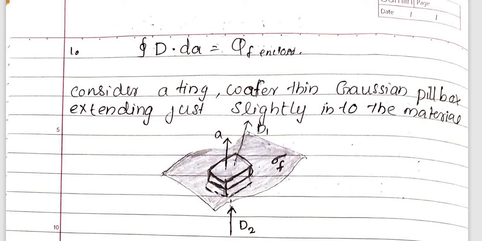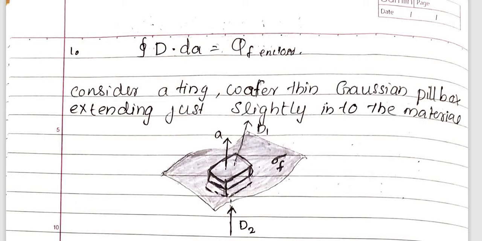For that, first we will consider a Gaussian surface and then we consider the Amperian loop. For the equations in surface integral form, we get a closed surface, so we apply the Gaussian surface or Gaussian pillbox.